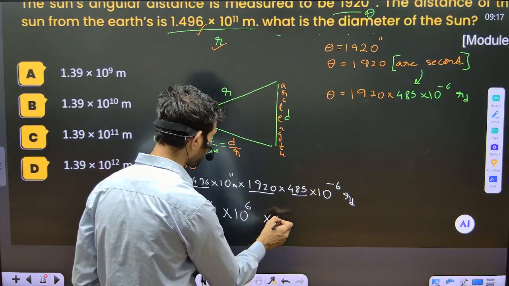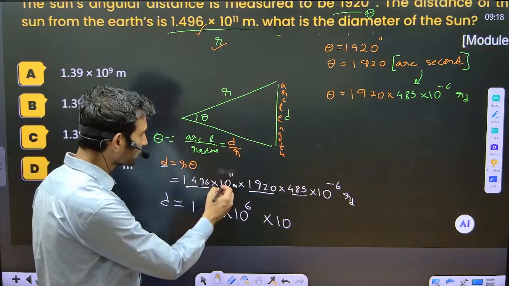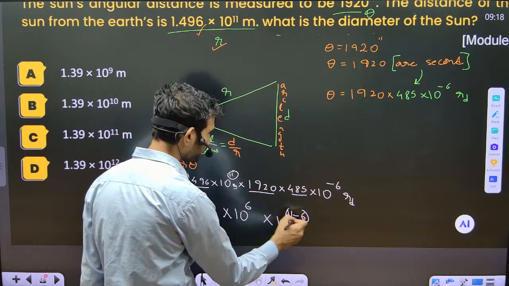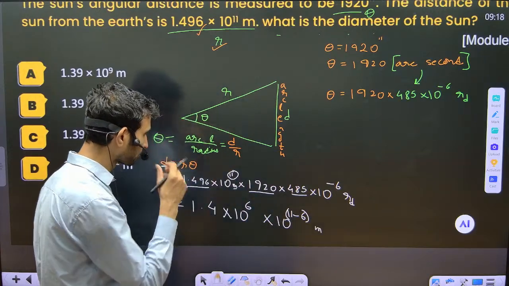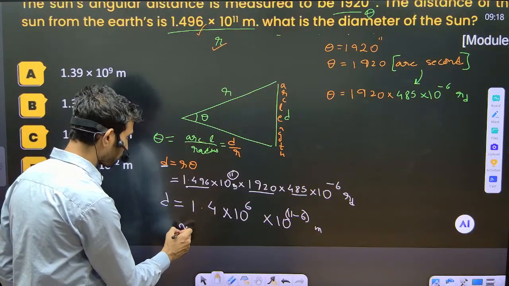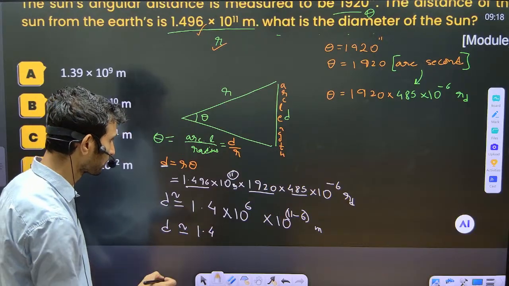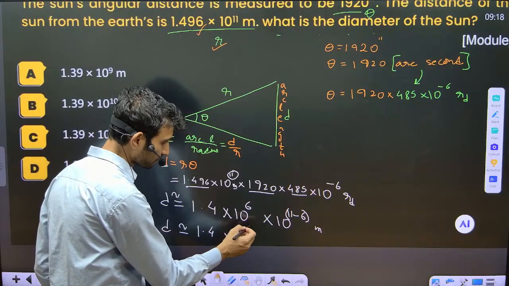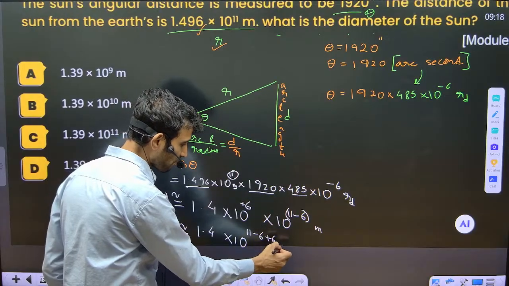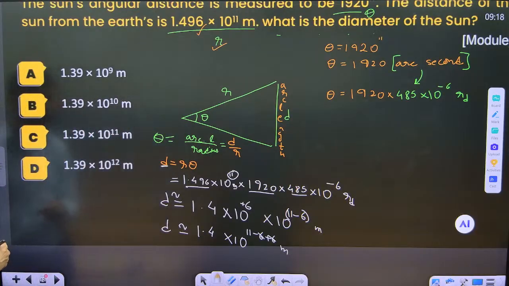And then what is left over, guys? 10 to the power, how much is left over? 10 to the power 11 minus 6, right, into meters. So we are getting almost equal to 1.4 into 10 raised to the power 11 minus 6, and then this plus 6 will also get added. Plus 6, and those two will get cancelled, and we are getting which option approximately?